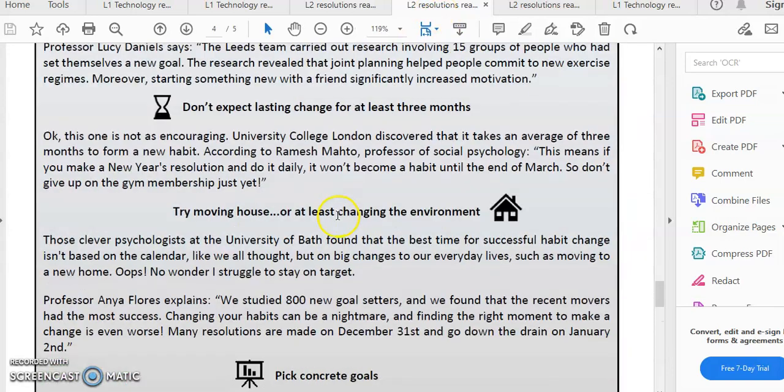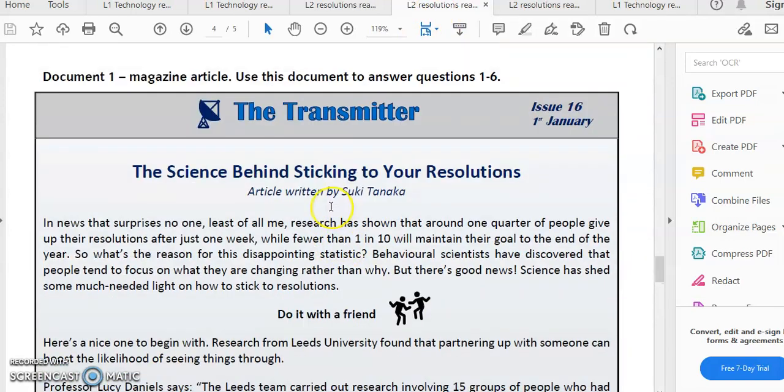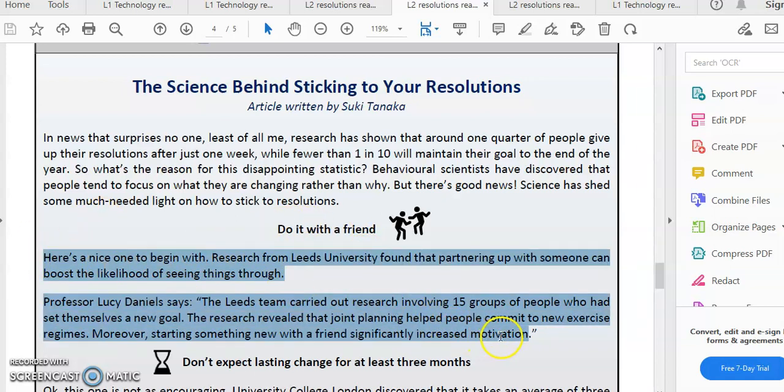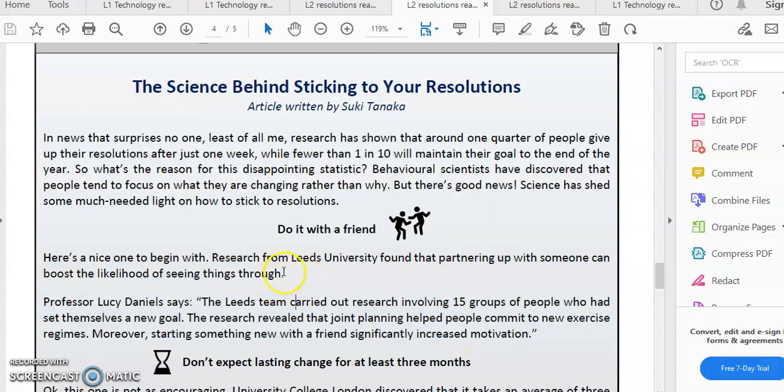So if we look up here, well, we can use the same approach. We can scan read, and we can look here at the subheadings as well. So we've got a subheading called Do It With a Friend. Now that tells me, given the overall topic is resolutions, this bit here is what I'm probably going to get the most info from. Okay? So, partnering up with someone can boost the likelihood of seeing things through.